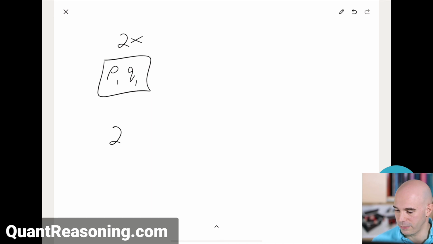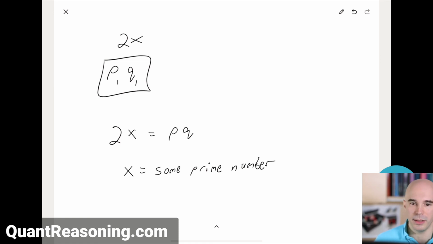Think about that. If I write 2 times x equals p times q, knowing that x is a positive integer, and p is some prime, and q is some other prime, the correct inference is that x is some prime number. Because one of the prime numbers would be 2, and the other would be x. That's the only way this works.